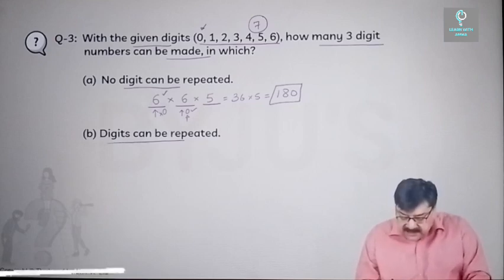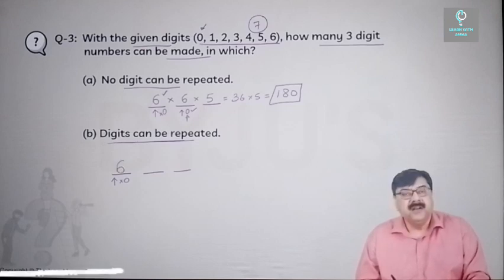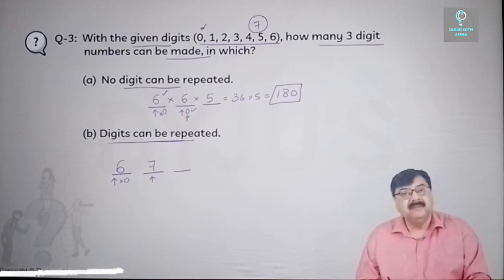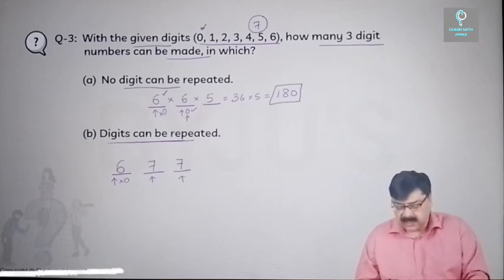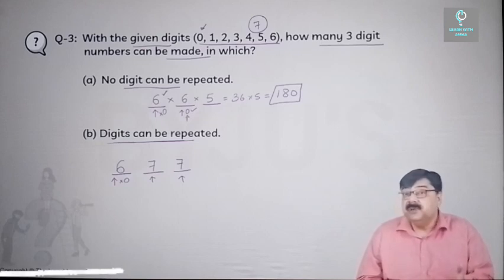Now what if digits can be repeated? Well, if digits can be repeated, anyhow in the 100th place we cannot have 0. So we have only 6 options to fill up the 100th place or the first place. For the second place, all 7 options are there with us from 0 to 6. And for the units place also, all 7 options can be used. So you can have 600, you can have 500, you can have 300, but you cannot have 067.